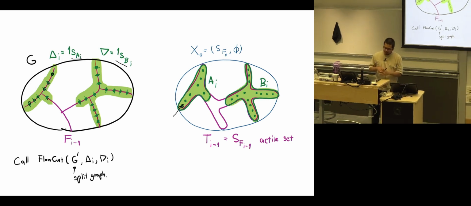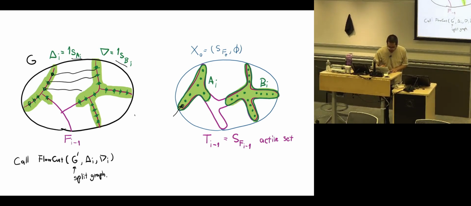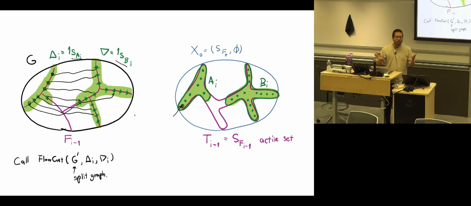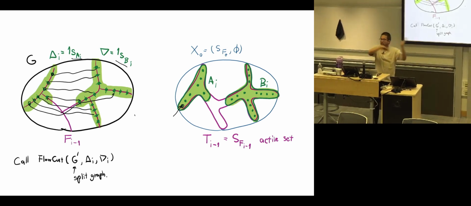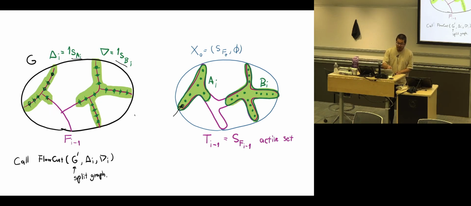If we succeed, if there is no bottleneck, then we just get some flow. Everything in A will be sent to B, and that will correspond to a normal matching that matches everything in A to B. That would be easy. But it might not be the case.